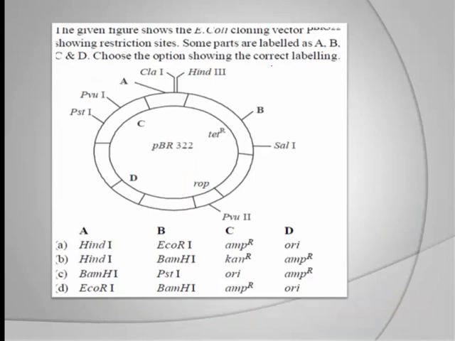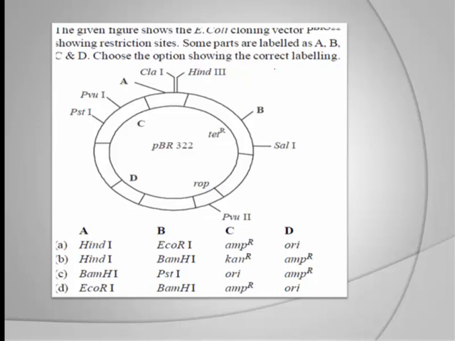So here is the diagram of PBR 322. It is the physical map of plasmid PBR 322. It is the first artificial plasmid constructed from plasmids of E. coli.